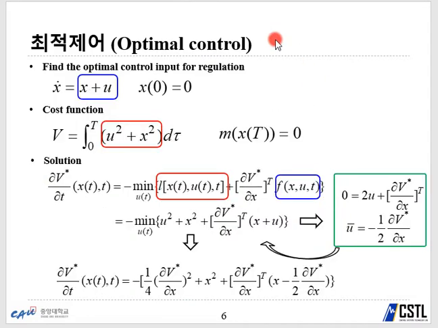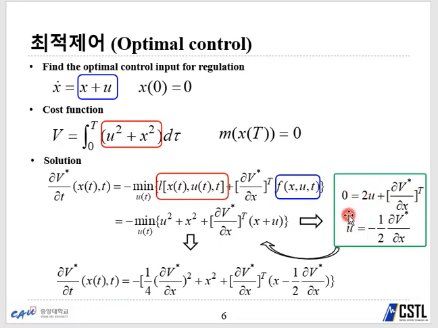There is a simple example. There is a sample system and the cost function. From the Hamilton-Jacobi equation, we can obtain this function. L is this, f is this ODE. So to minimize this function, we take the derivative with respect to u, and we can get this equation.